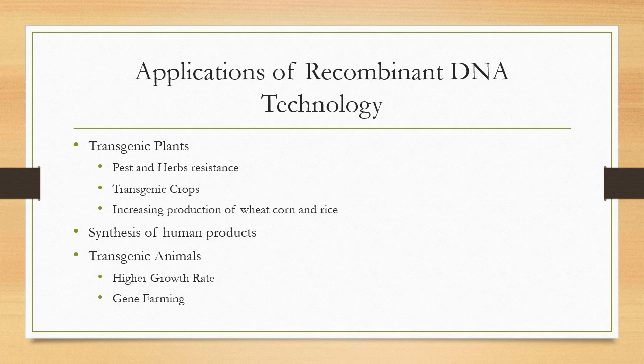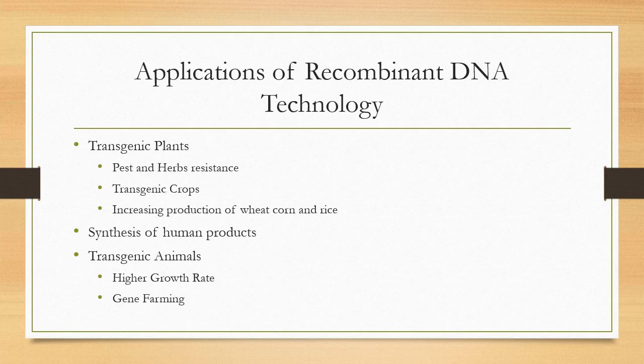So different genes can be inserted in animals, and from animals, from their urine or from their blood, the desired gene product can be obtained, and this is a very useful method of producing a gene of interest.